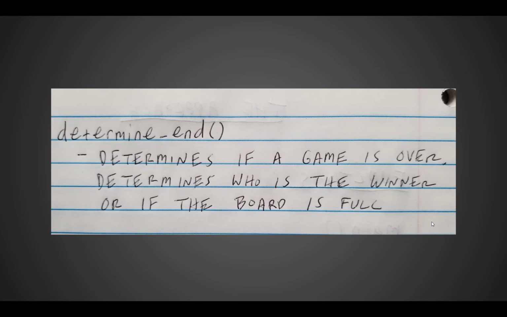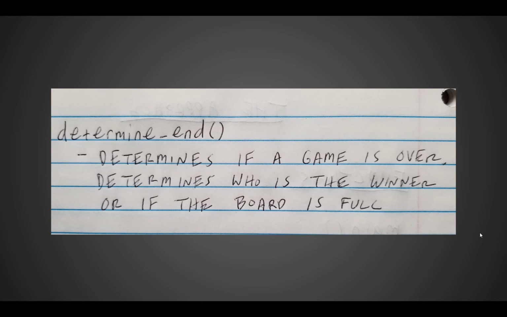Looking up next, we have the last function, and appropriately it is determine end. This is a function that's going to be run after each move to determine if the game is over. If there's a winner, it's going to determine who the winner is.